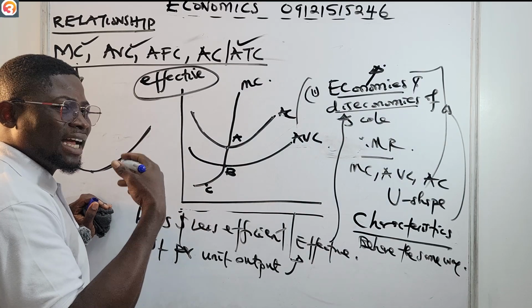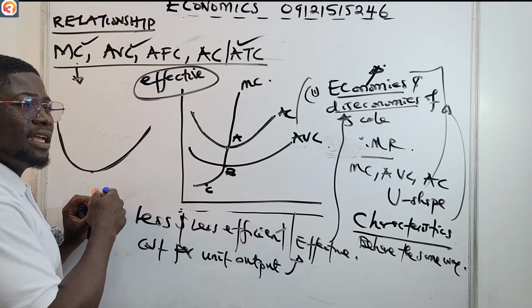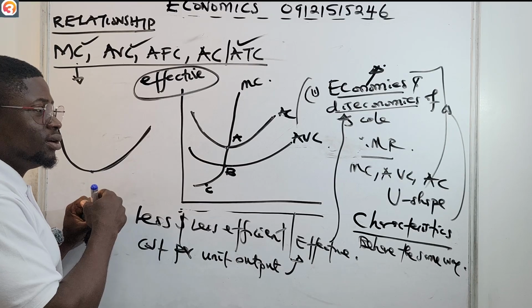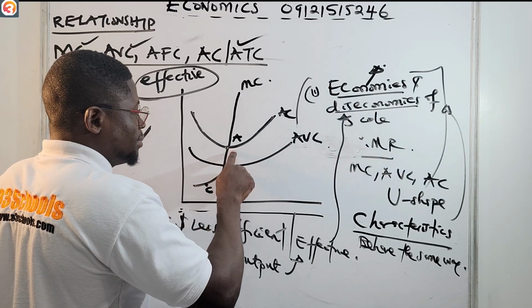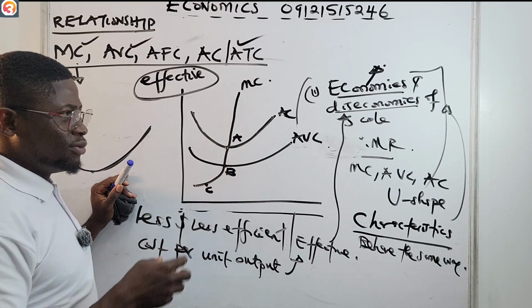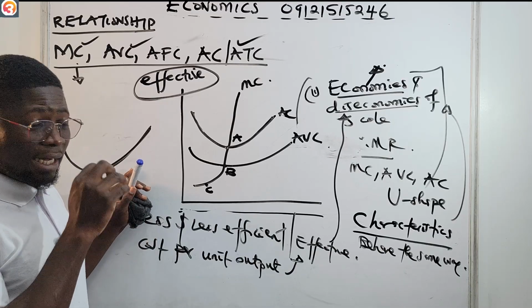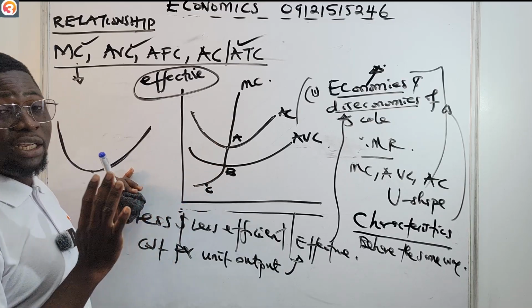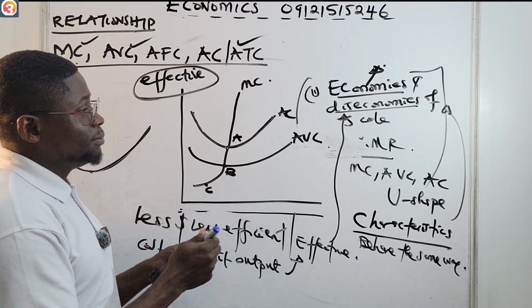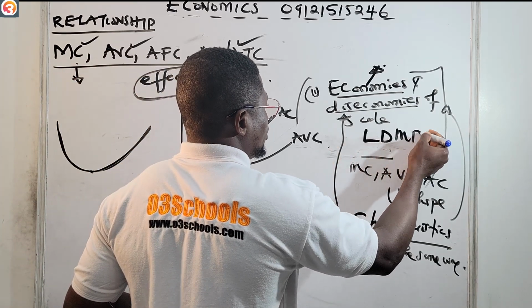But when they now over-employ workers, with lack of coordination, some workers are not even effective any longer. You see that the cost per unit output begins to rise again. So that's why they now experience diseconomies of scale. Now, the reason why all of these curves are U-shaped is majorly because of the law of diminishing marginal returns.